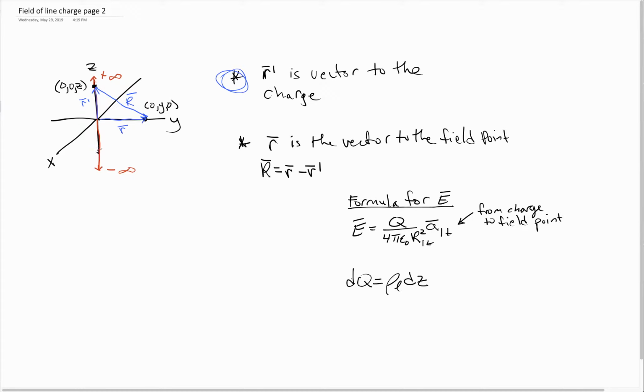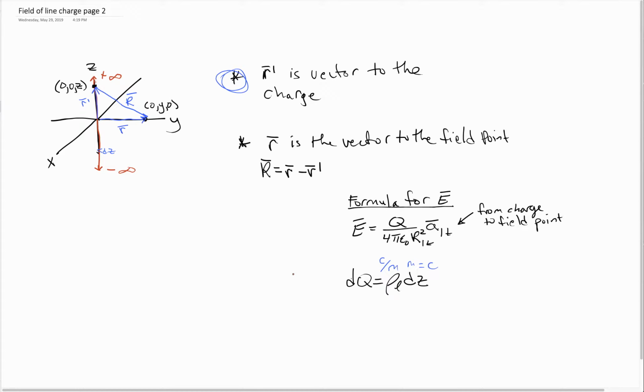I could say dz, and you'd have an infinite number of them. And then you just integrate from negative infinity to positive infinity. So dq is equal to the line charge, remember, that's in coulombs per meter, times the differential z, which is in meters. So that's just going to give us coulombs.